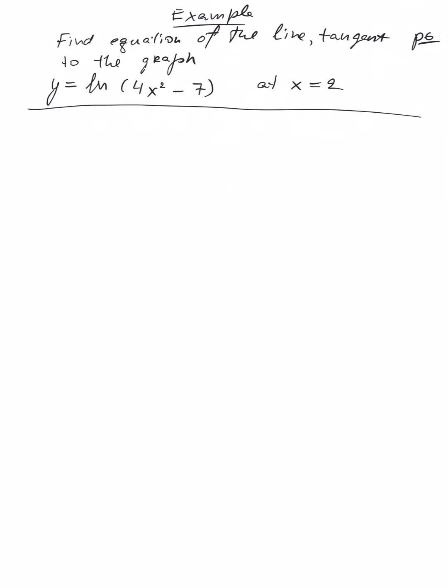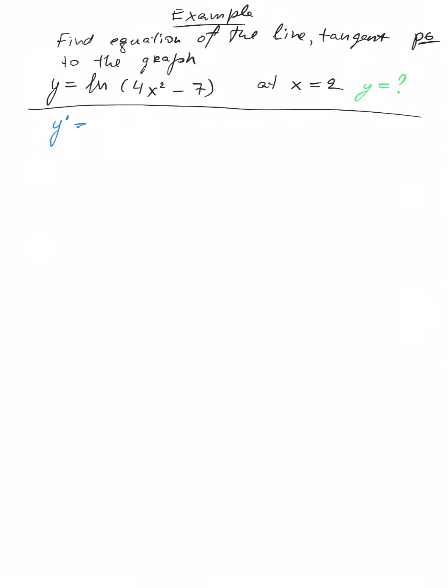We need the slope at x equal 2, and then we're going to use this y equals ln of 4x squared minus 7, evaluate and find y, because what's not given is what y is at x equal 2. So we need that, and we need a slope. And the slope comes from the derivative.